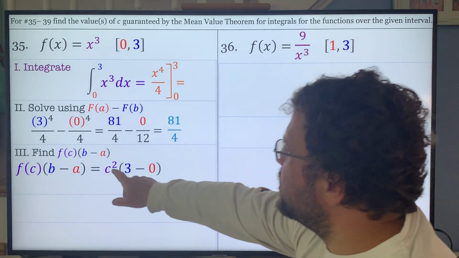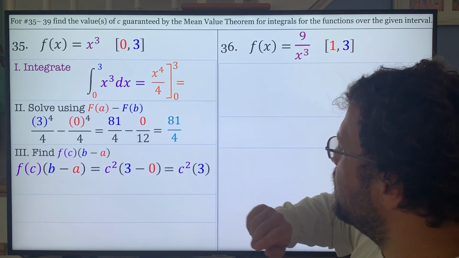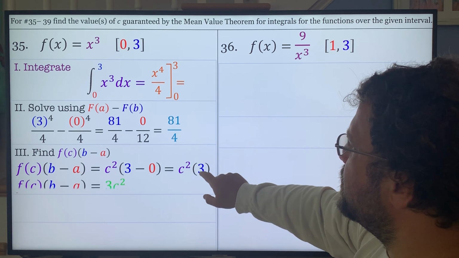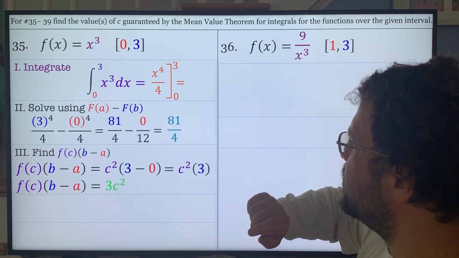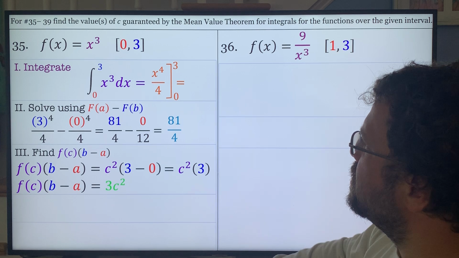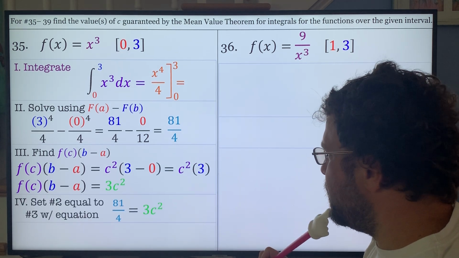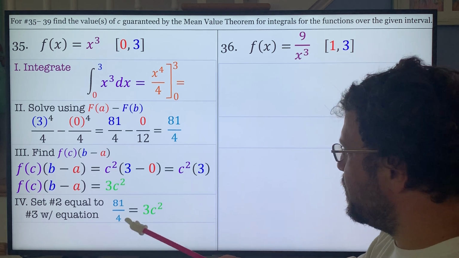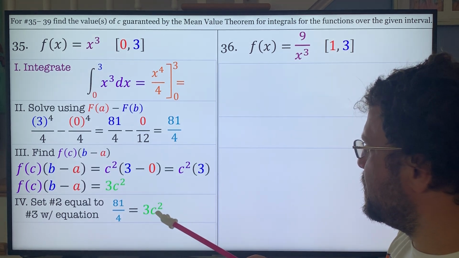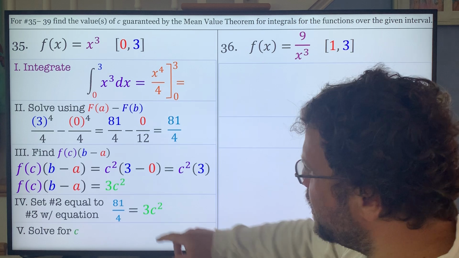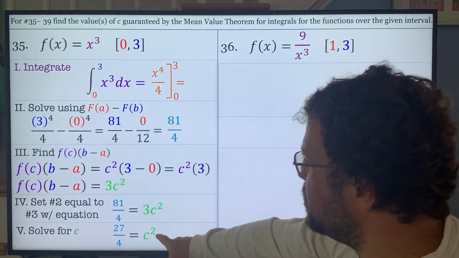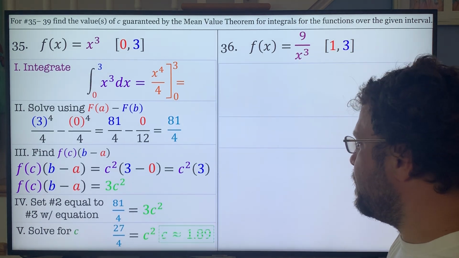Another mistake. C cubed times 3 minus 0 equals 3c cubed. That's cubed. Why is this all saying squared? Oh no. 81 over 4 equals 3c cubed. Divide by 3. C cubed equals 27 over 4.